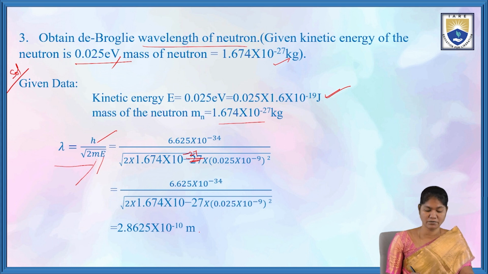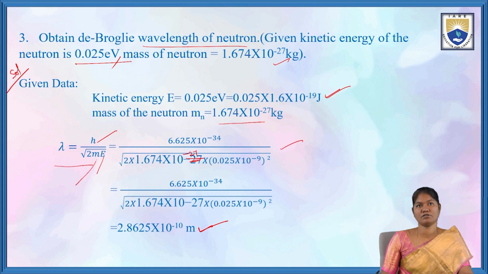So the wavelength of the neutron lambda is equal to 2.8625 into 10 power minus 10 meters, which is calculated from this h by root of 2mE.